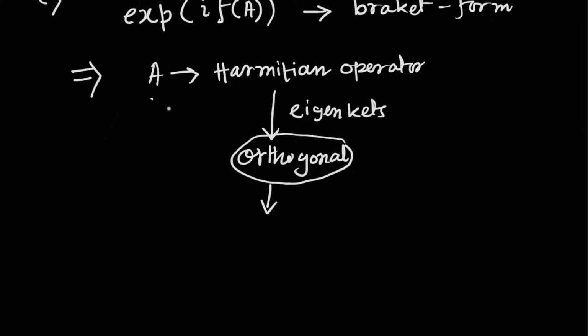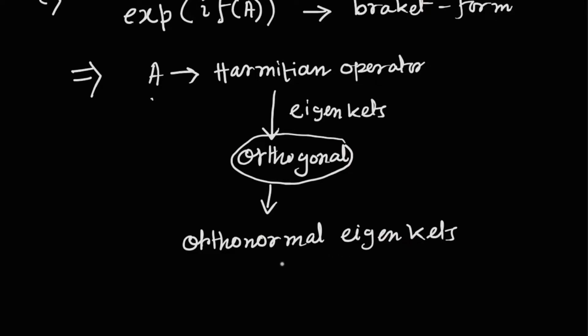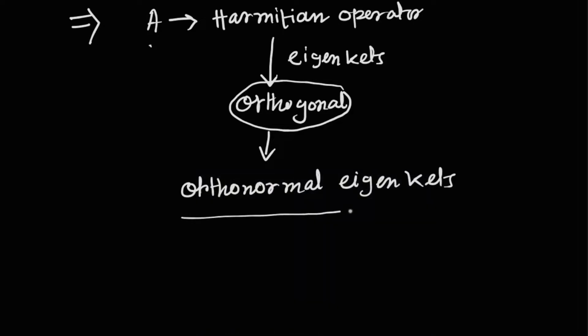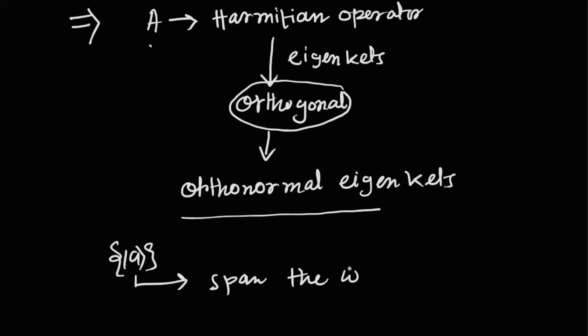That means we can write the eigenkets of A in terms of orthonormal eigenkets. And we know that with any set of orthonormal eigenkets, suppose |alpha>, we can span the whole ket space.